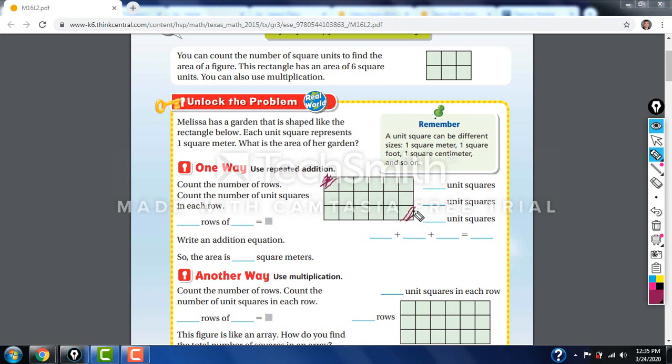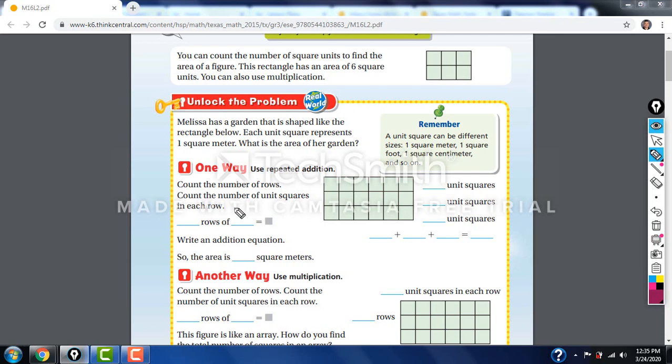They're trying to see whether you are able to count the square units and then add the 2 halves to make 1 whole. That's the trick, and they will do that.